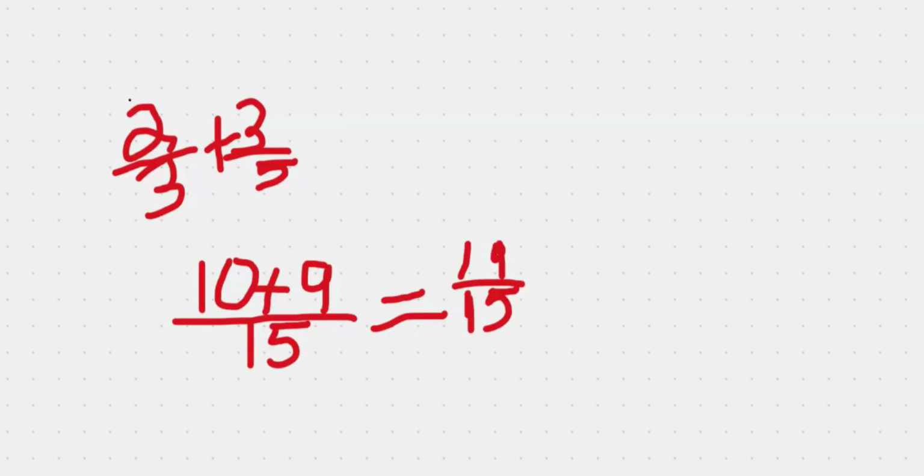5 goes into 19 one time. So 15 goes into 19 one time, remainder 4. So you now write 1 and 4 over 15.